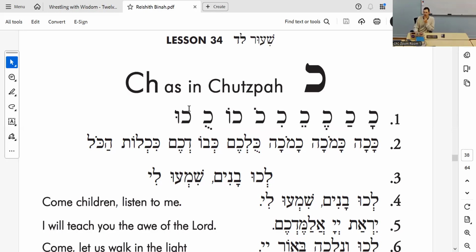Before we move on, let's see if you remember what they're called. So this is talking about the nikud. What is the name of the symbol? Kamatz. Okay. How about this one? Batach.